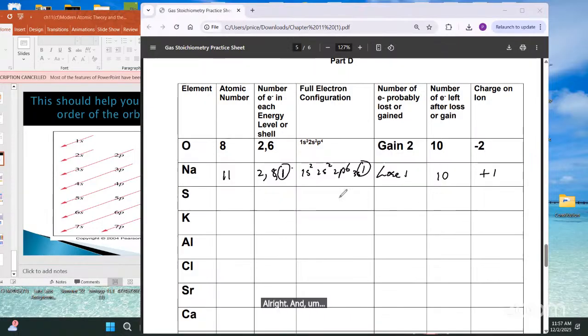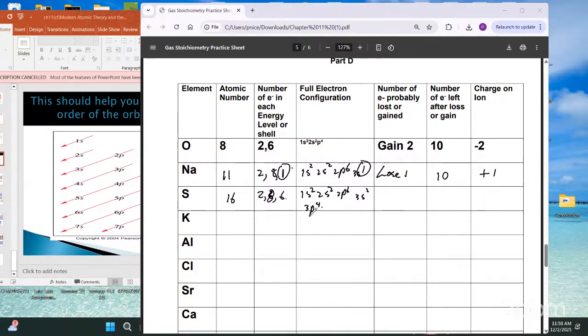And let me just do this one again, just to help you out. Sulfur has an atomic number of 16, right? So the way the electrons will be distributed will be 2, 8, 6. So the electron configuration would be 1s2, 2s2, 2p6, 3s2, 3p4.